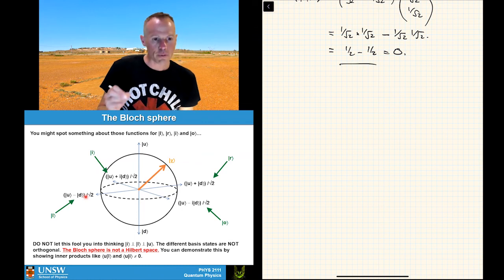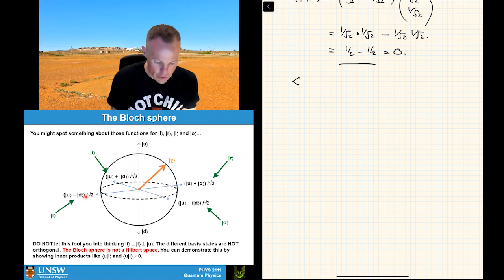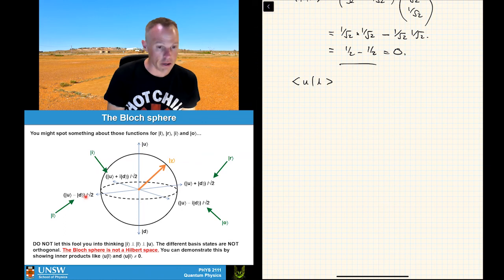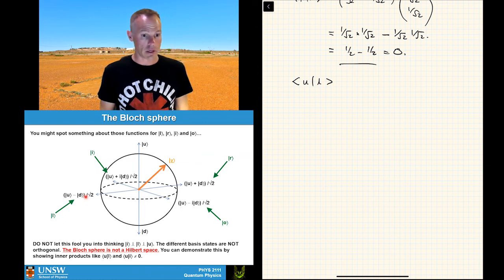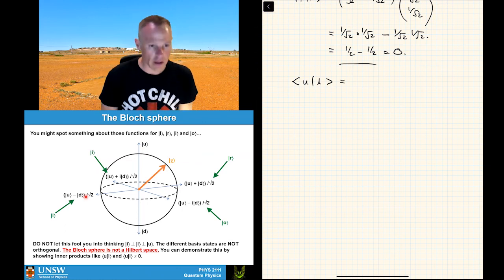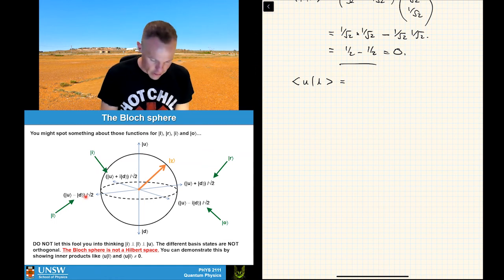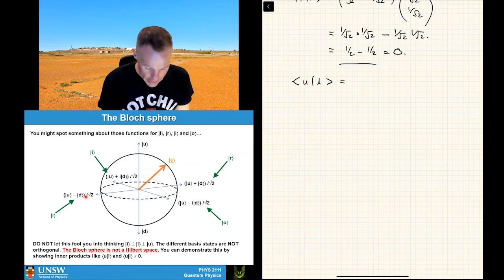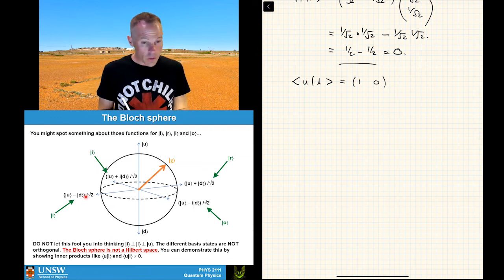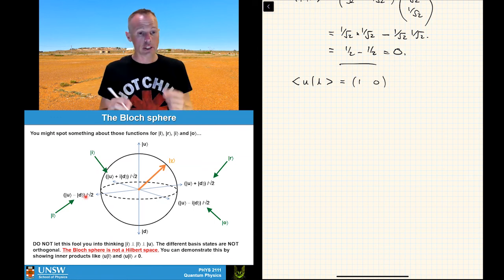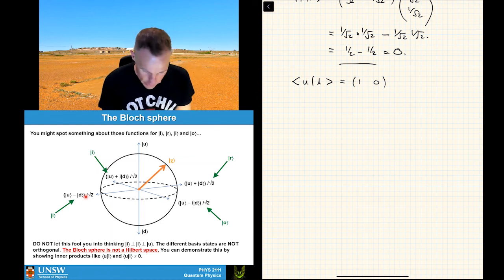If up was orthogonal to left, we should be able to write up left as an inner product and get the answer to be 0. Okay, so let's do this. I'm going to speed up now because we're kind of used to this. Up as a ket is basically the row vector 1, 0. We got left earlier in the lecture, it's 1 over root 2 up minus 1 over root 2 down. So it's now going to be a column vector, 1 on root 2, minus 1 on root 2.